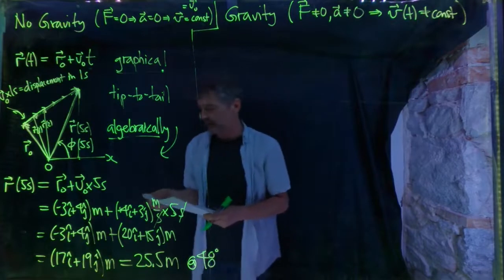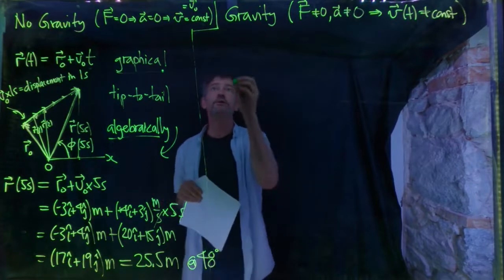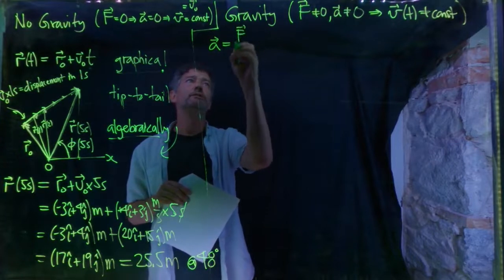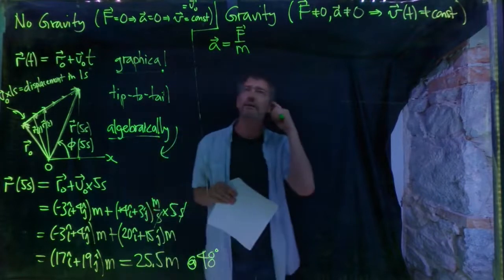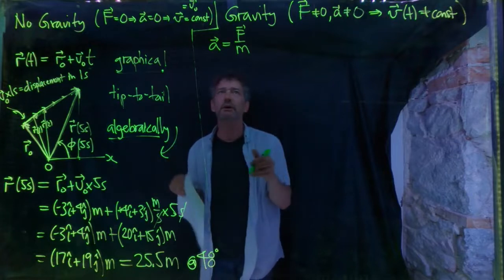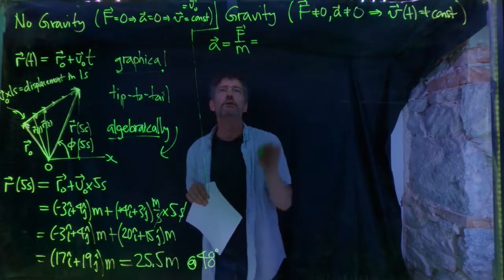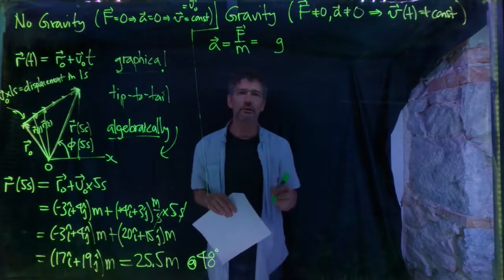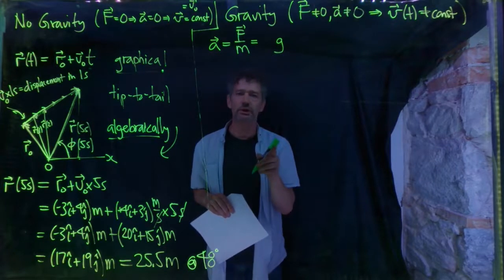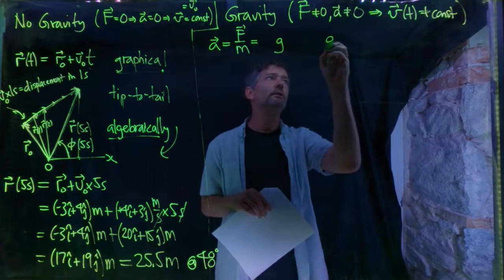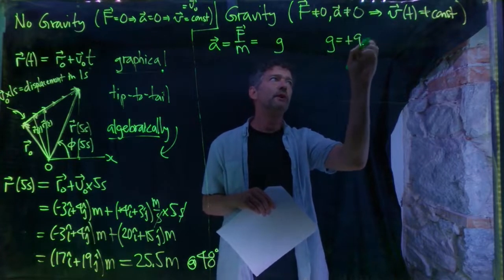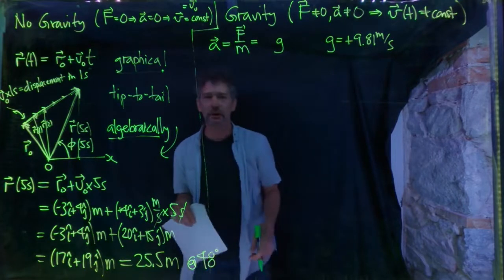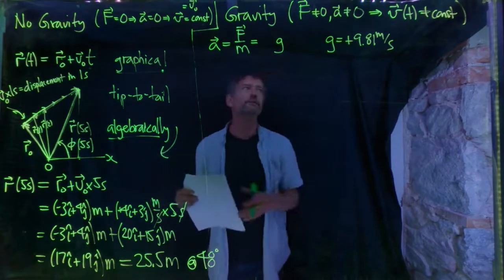And so what is the acceleration in this case? Just thinking kinematically, the acceleration is the force divided by the mass. The force is mg. And so in vector notation, this would be an acceleration whose magnitude is g. In this course, g is always a positive number. So g is positive 9.81 meters per second squared. That's the free fall acceleration under gravity near the surface of the Earth.